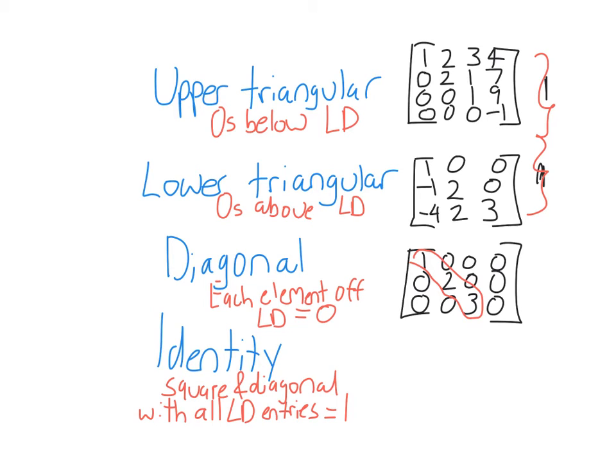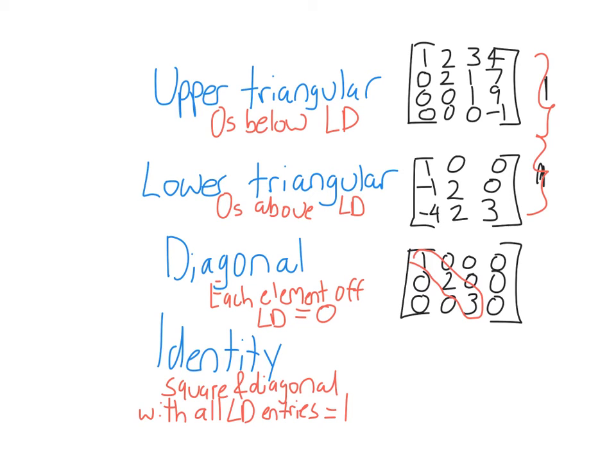Now, it's not always possible to write a matrix as a lower triangular matrix times an upper triangular matrix, but when it is possible, it makes the computation so much more efficient. These matrices are so much easier to work with when calculating things like eigenvalues or whatever. So that's why triangular matrices are important, and the diagonal matrix is an example of a triangular matrix.